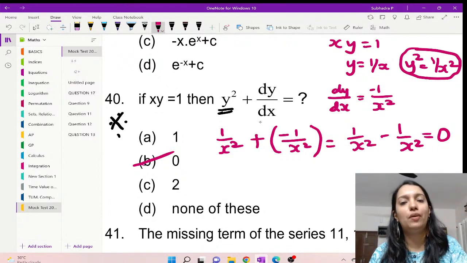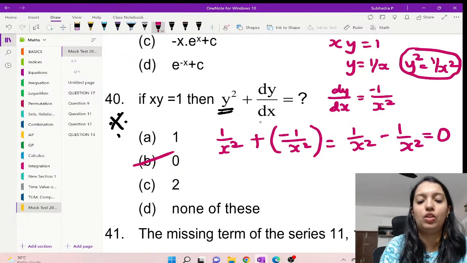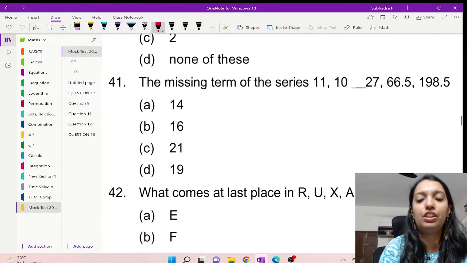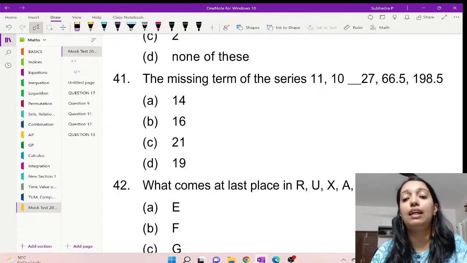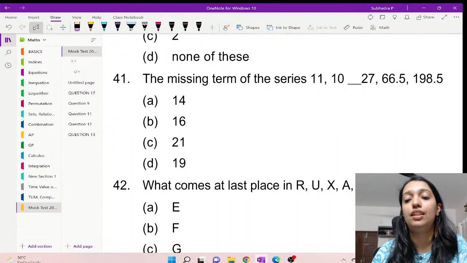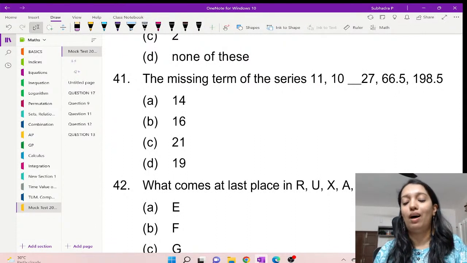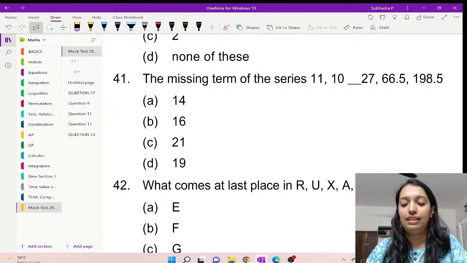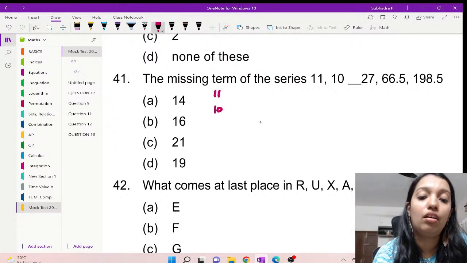Next 20-25 minutes you have to take up logical reasoning. Have a look. Now starts logical reasoning, question number 41. The missing term of the series 11, 10, question mark, 27, 66.5, 198.5 is dash. 11, 10.